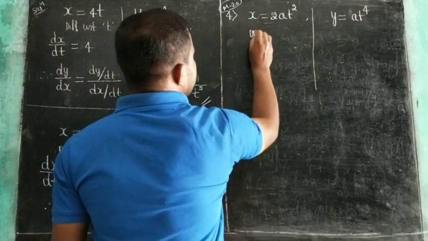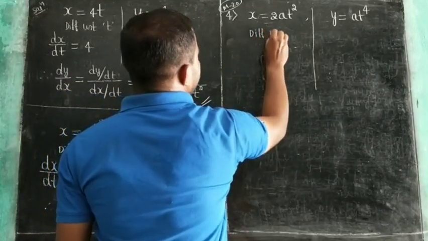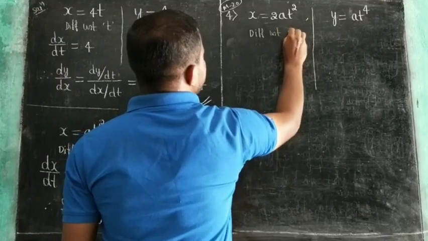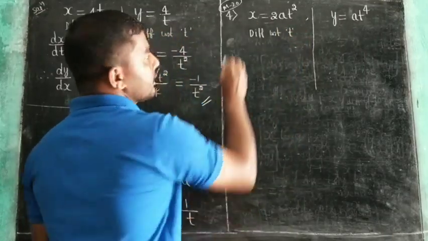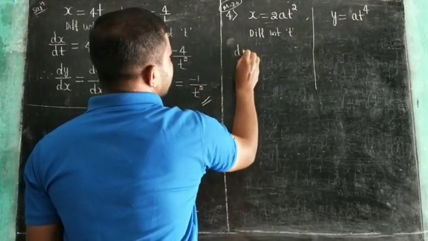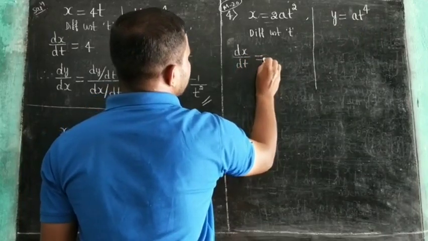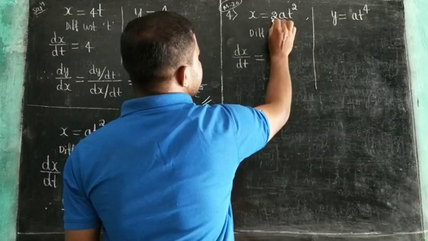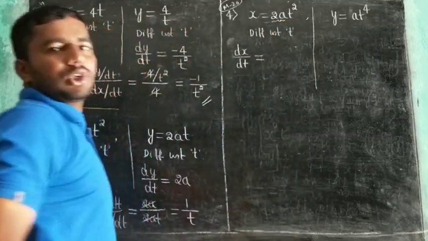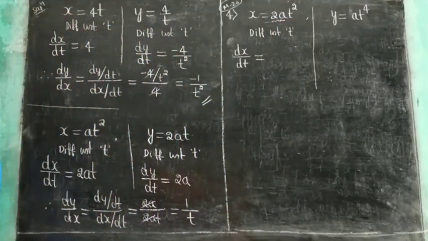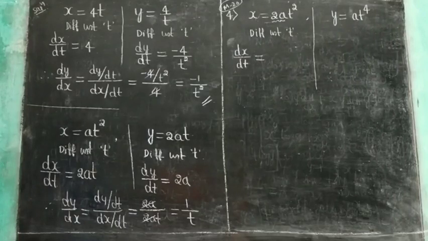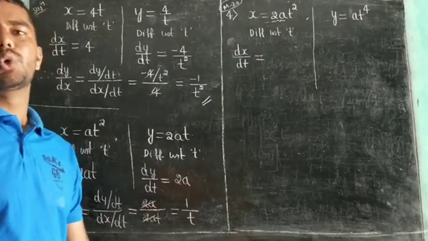First differentiate with respect to t. dx divided by dt is equal to, here 2a is constant, take 2a as it is. What is the derivative of t square? The derivative of t square is 2t.